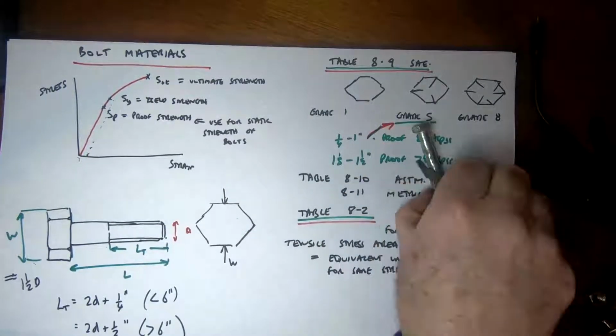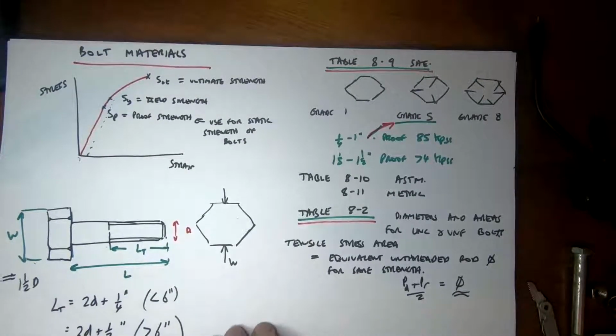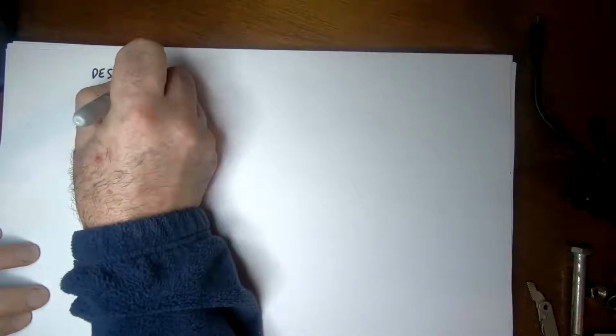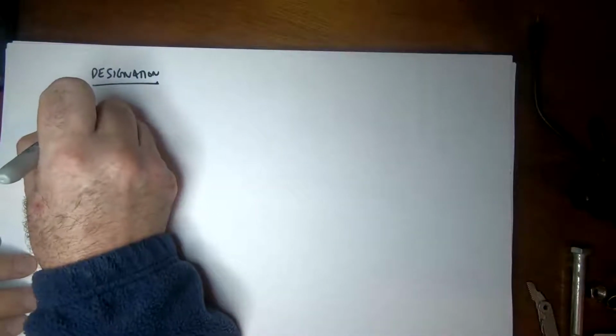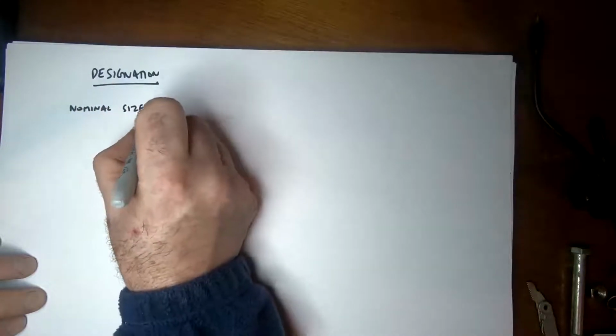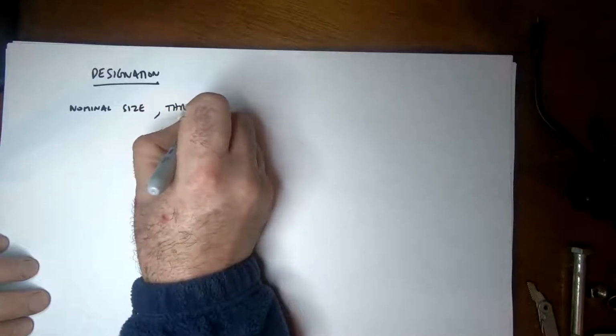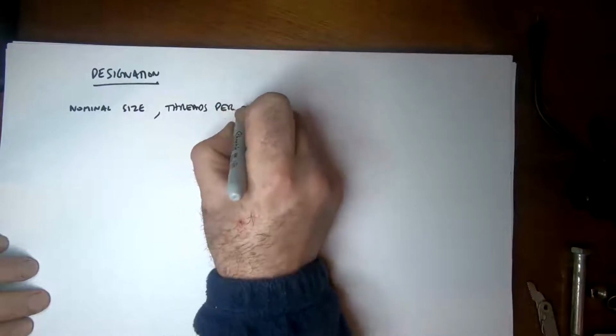Okay, so with that done, one more thing to look at in this lecture is how do you designate a bolt. So designation. The way we designate bolts is we typically start with the nominal size. This is not the actual size, it's the nominal size. The threads per inch, TPI.